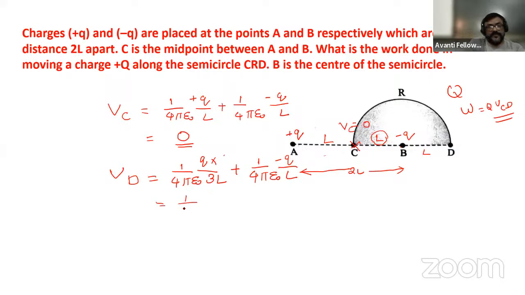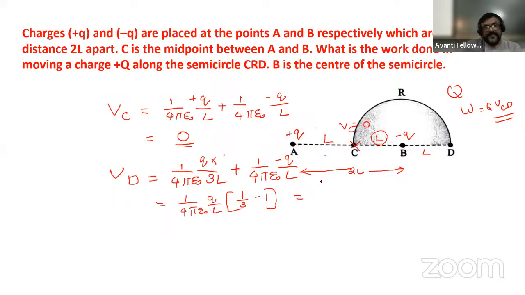So we can add by using a little mathematics. Q and L we have here, and here we have 1 by 3. Here we have minus 1. So this into 1 by 3 minus 1.